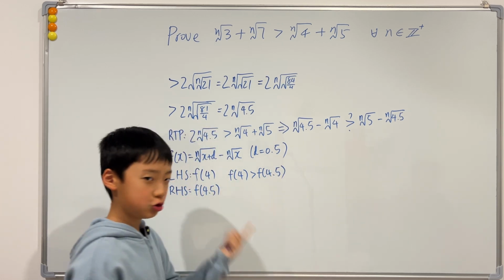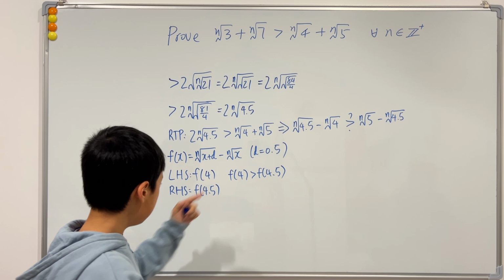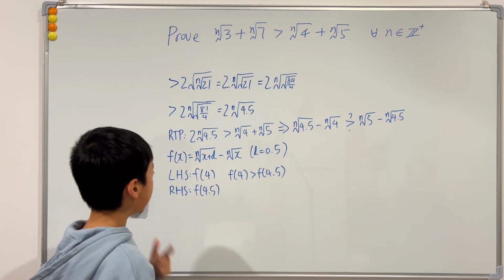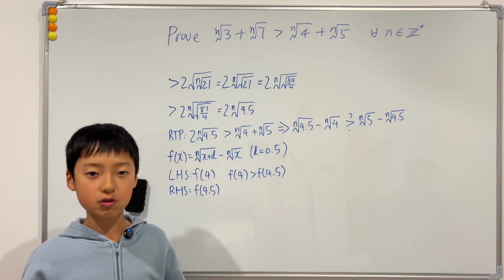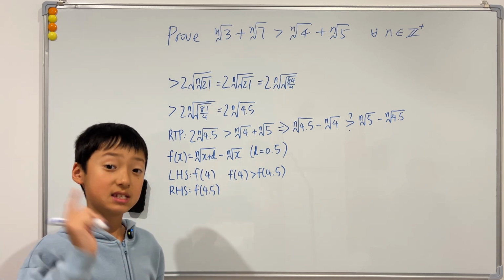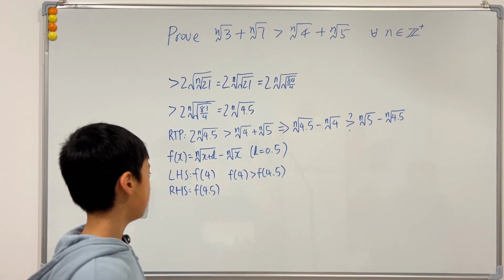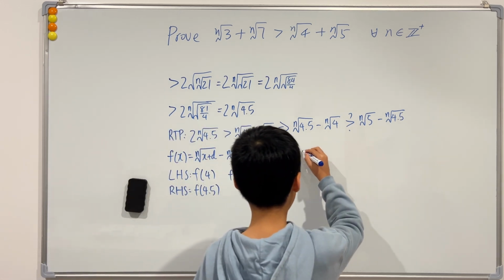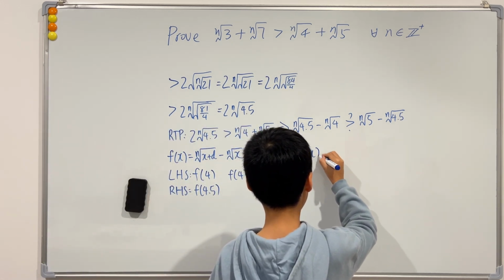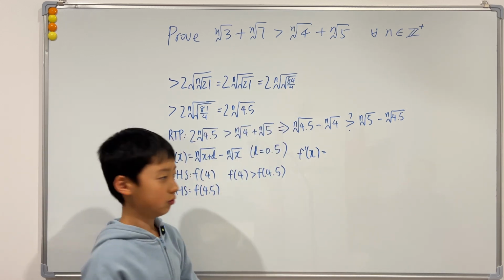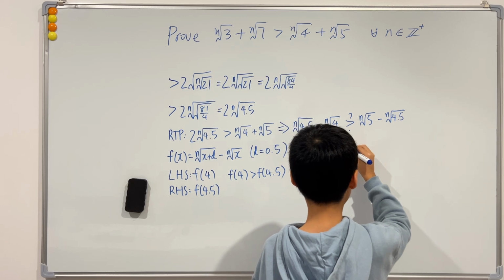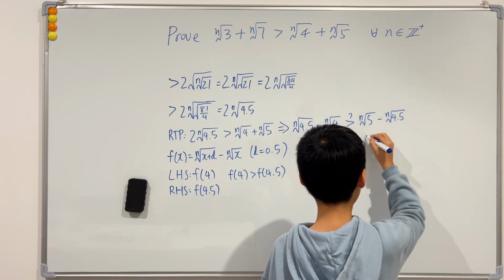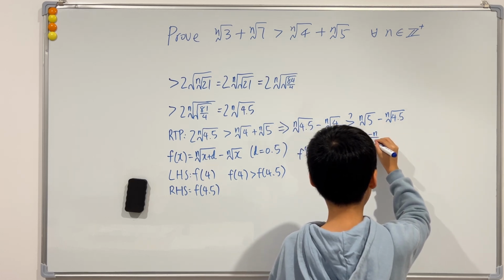Now, if this is true, what does this mean for the function? Well, this means that the function must be decreasing. And how do we figure out if a function is decreasing? We take the derivative and see if it is less than 0. So we take the derivative of f of x. f prime of x is equal to, using the power rule, 1 over n times x plus d to the power of (1 minus n) over n.